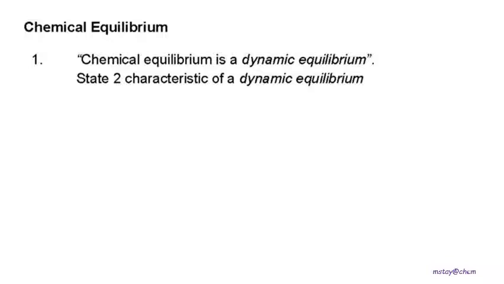Tutorial question number 1. We are asked to state two characteristics of a dynamic equilibrium. So, enclosed system, basically this is not a characteristic, but it is considered a requirement.